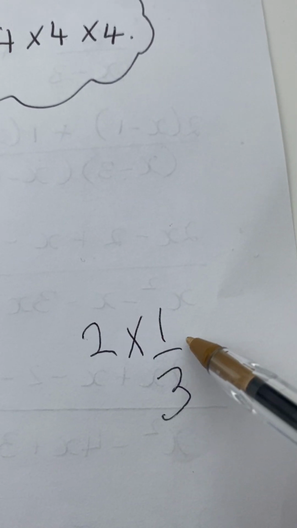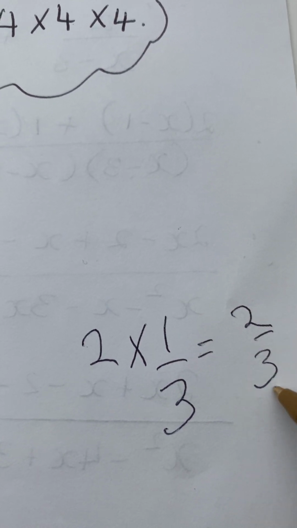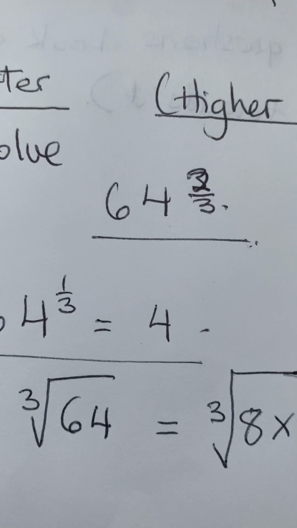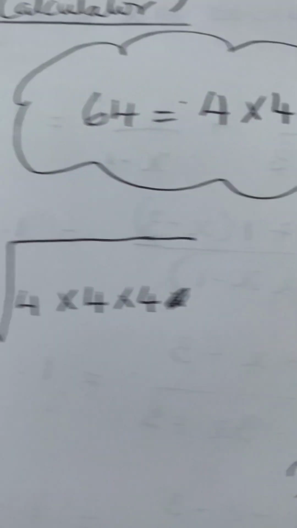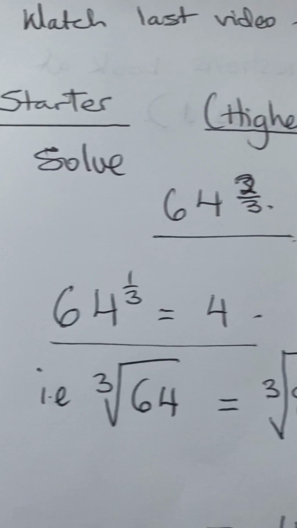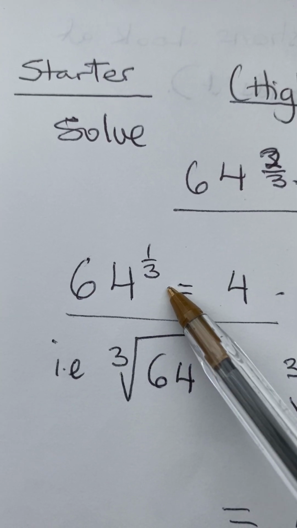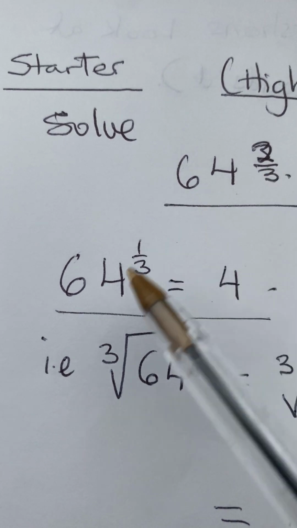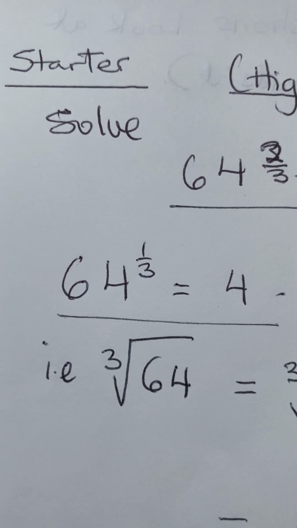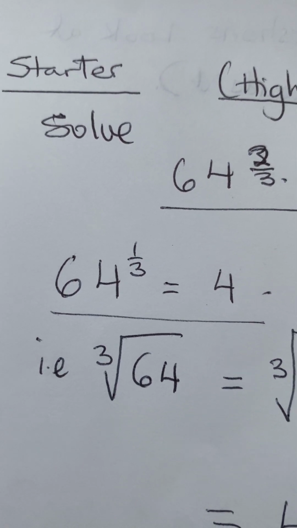Okay, you can write 2/3 as 2 times 1/3. So you can first look at 64 to the power 1/3, and then you multiply by the 2. Okay, I'll show you what I mean.